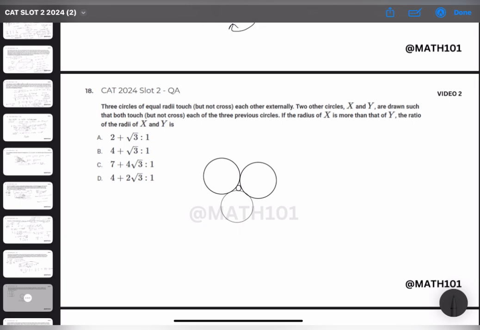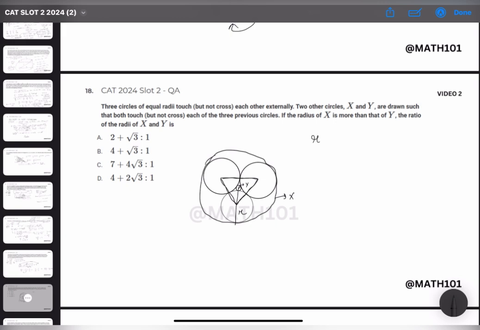So one of the circles is this and the other circle is this. This circle is X, this circle is Y. So to find the radius of Y, we are going to do this, and the center would be the same. So let this radius be r.